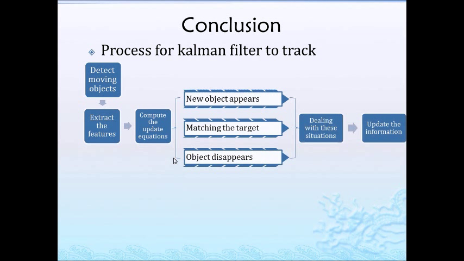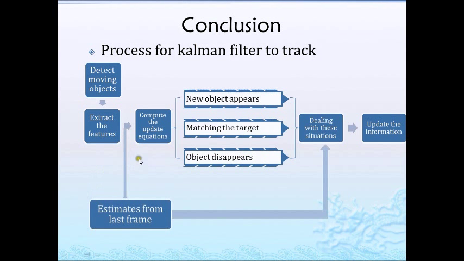Now we gather all this information and use it to update the Kalman filter. Here is a closed loop using estimates from the last frame to improve the performance of the current frame.